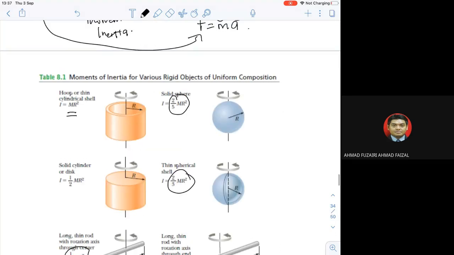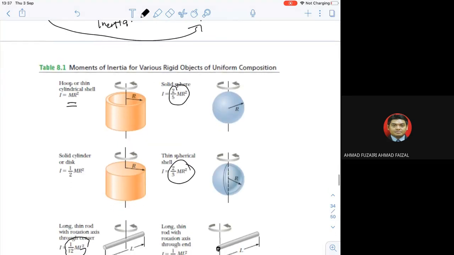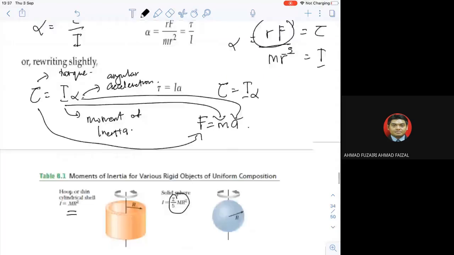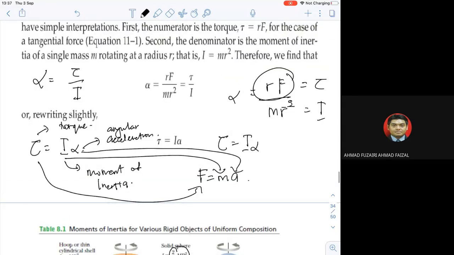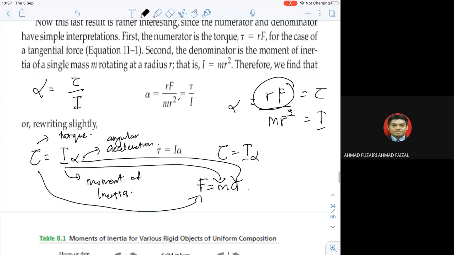Okay, so I is basically mr squared. If we look carefully, I is actually equal to mr squared. The moment of inertia is basically mass times a lever arm squared, or radius squared.